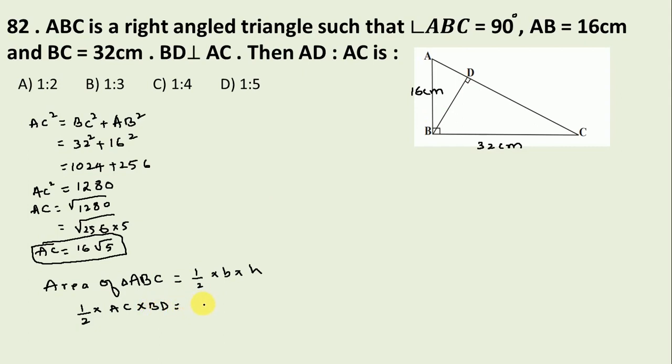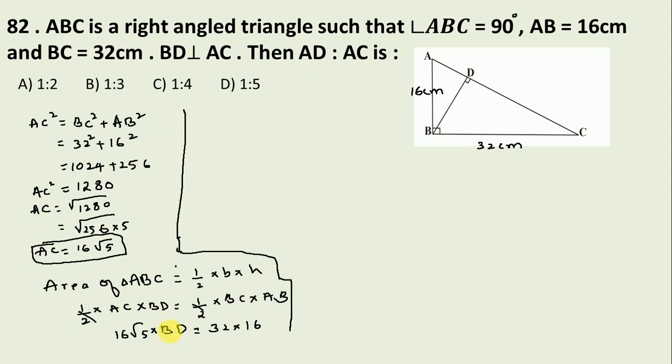One more time we write the area of ABC, but the base changes: the base is BC and height is AB. Half gets cancelled. So AC, which is 16 root 5, into BD is equal to BC, 32, into AB, 16.